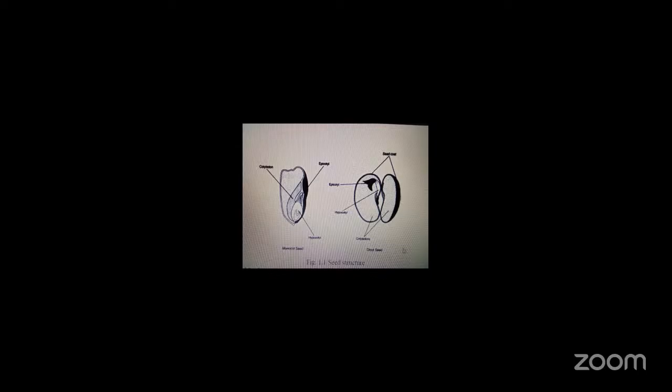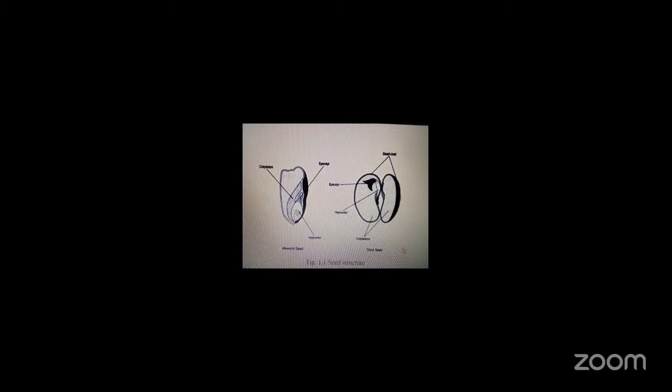So some of the following parts are considered as seed. The following single-seeded fruits are usually considered as seed: the caryopsis, achene, schizocarp, and nuts.